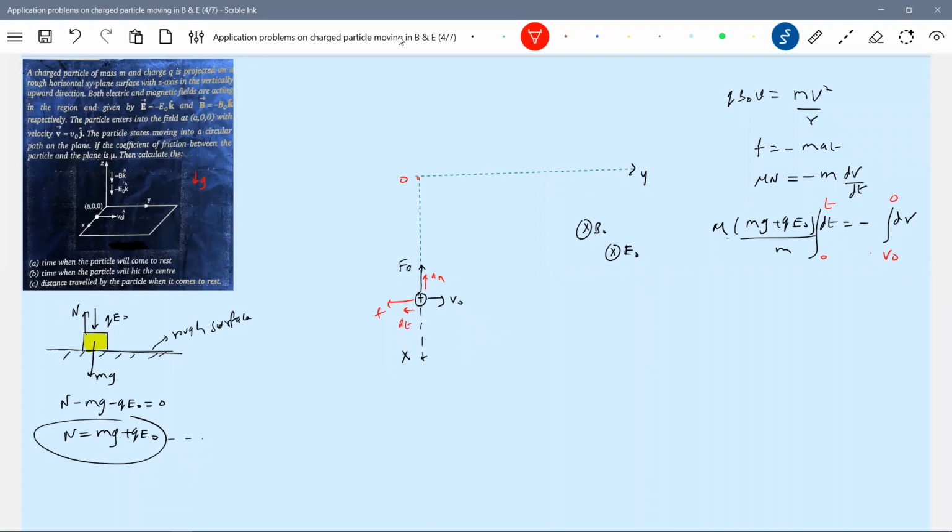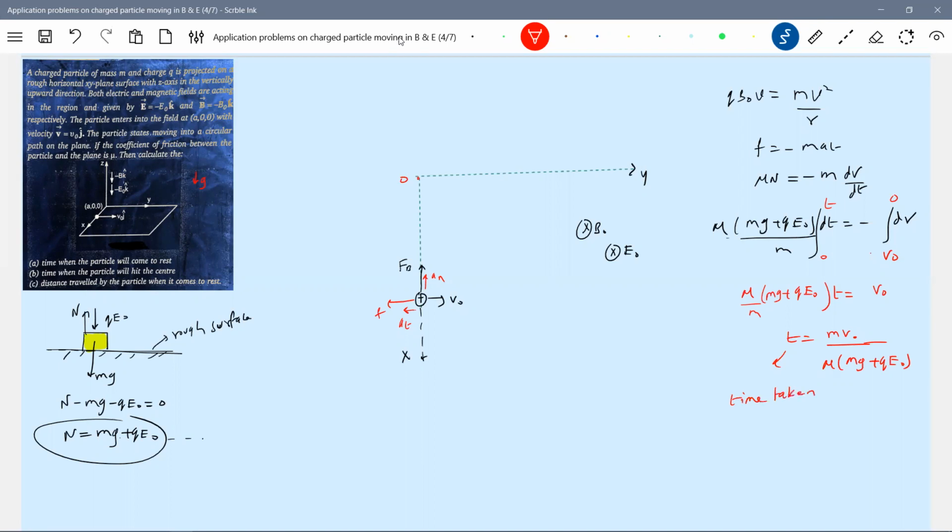So I'll finally end up with the equation, and I think it's better to let m be there: t equals m v0 by mu (mg plus qE0). What is this t? The time taken by the particle to come to rest.